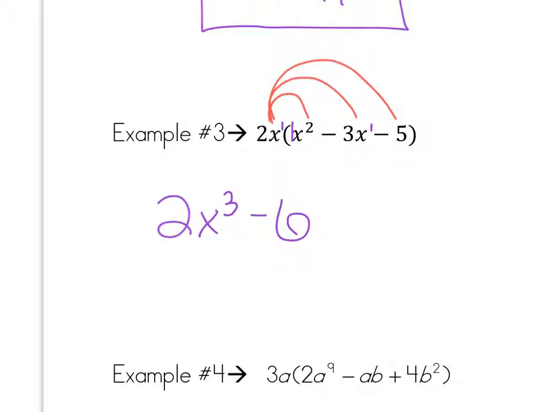And x times x is x squared, because 1 plus 1 is 2. And then lastly, 2 times a negative 5 is a negative 10. And some people might say, well, this doesn't have an x. That's okay. So I'm just going to carry the x through and write it at the end. And there's my final answer.